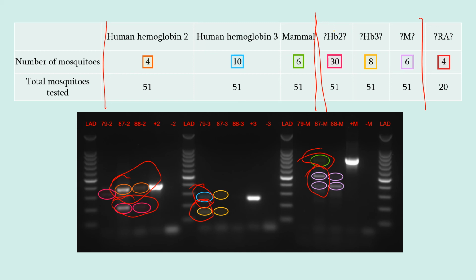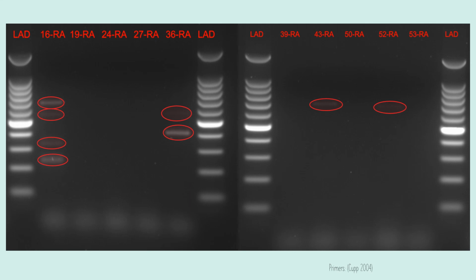And lastly, this final column on the right is the reptilian and amphibian primer set that we tested on 20 mosquitoes. And so here are 10 of the mosquitoes that we tested for the reptilian and amphibian primer set. As you can see, 4 of them tested positive for something.